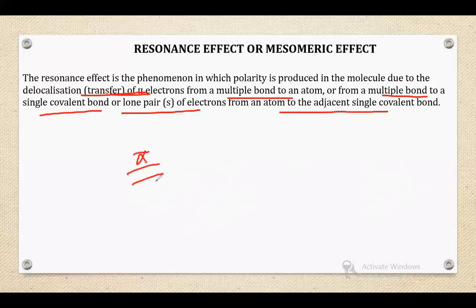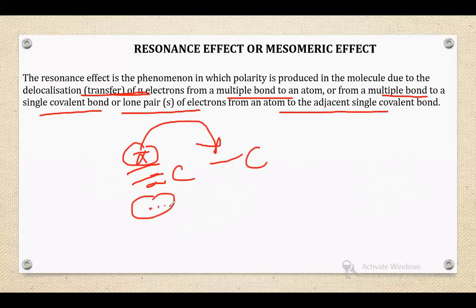If it is a double bond with carbon and another group, it will be transferred to the single bond, whether it is a pi bond or a lone pair of electrons. Either a lone pair or pi electrons will be transferred, and delocalization of electrons will take place. Due to that, positive and negative charges will form. So it results in complete transfer of electrons, forming a positive cation as well as an anion.